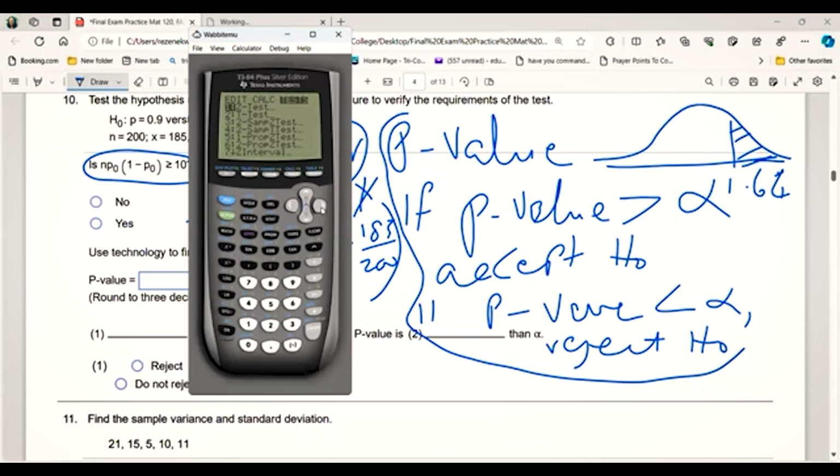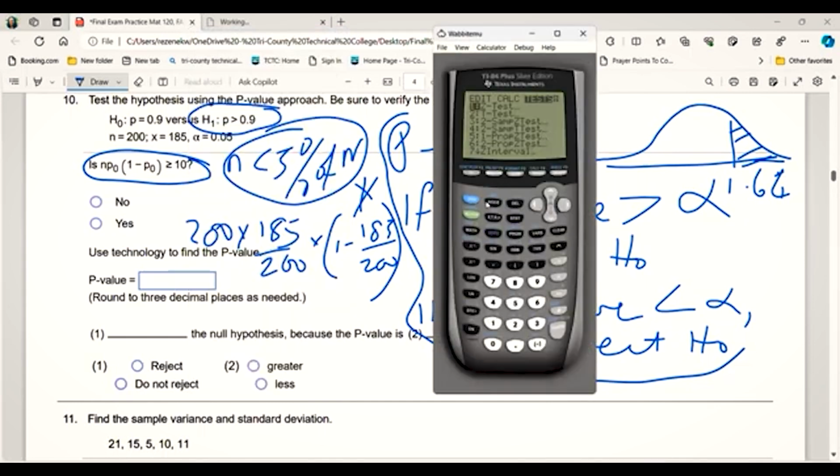The conditions are satisfied, or did we check the conditions? I think it's satisfied, but let's check it, because we are actually told to check it. Before I continue, let's check it. So 185 divided by 200 is 0.925.